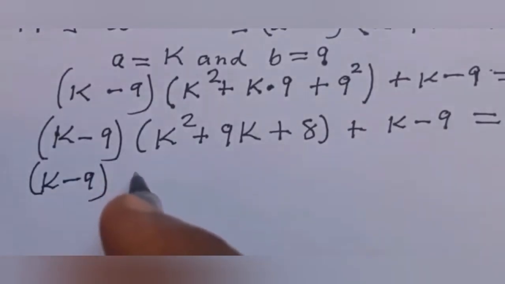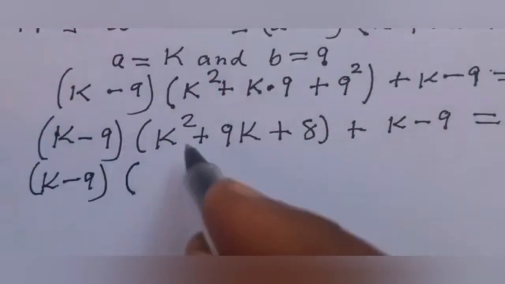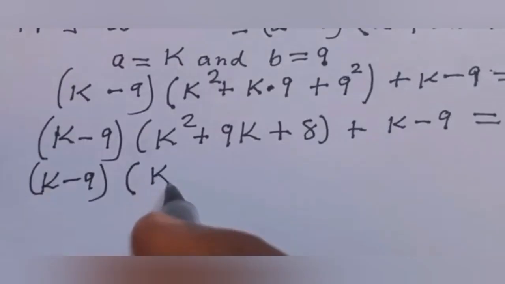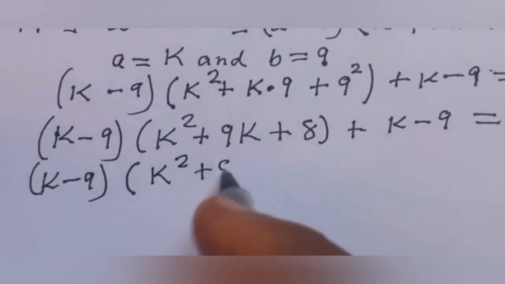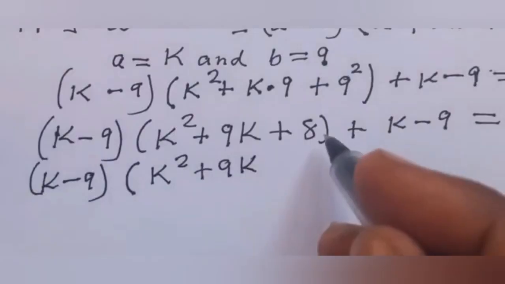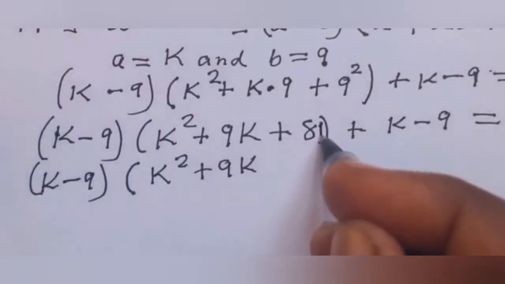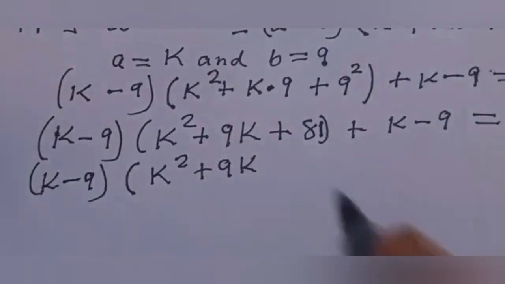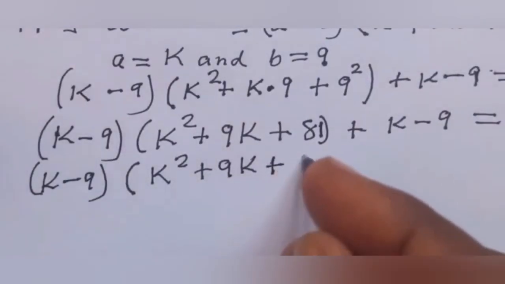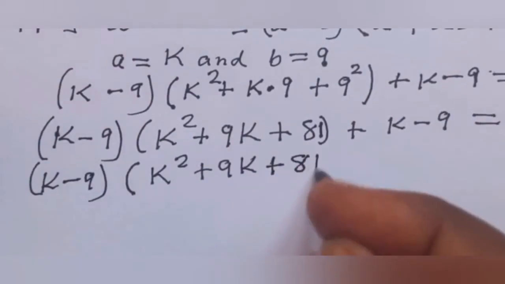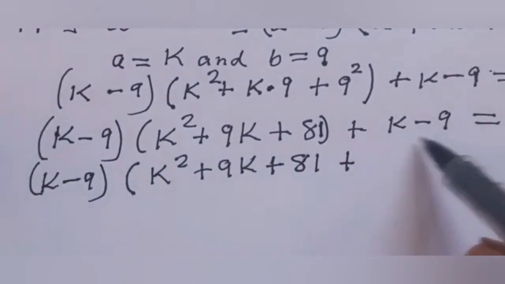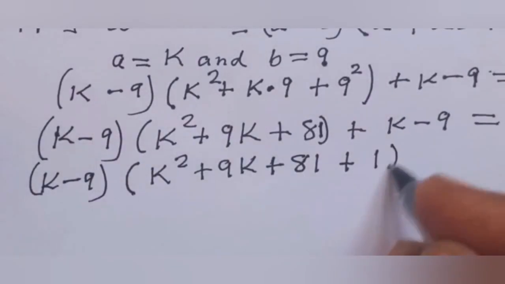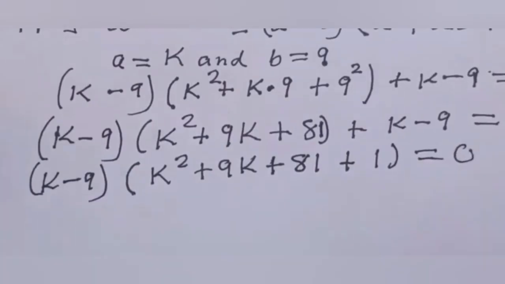Again, here, if we factor out k minus 9, we are going to remain with k squared plus 9k plus 81, because 9 squared is 81, plus 1, if we factor out k minus 9, we are going to remain with 1 in the bracket equals to 0.